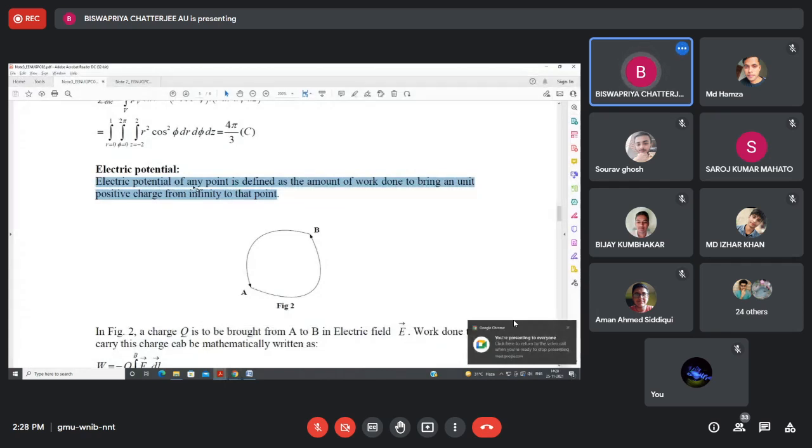Electric potential of any point is defined as the amount of work done to bring a unit positive charge from infinity to that point. So you need to bring a unit positive charge from infinity to that point, and in doing so the amount of work done will be treated as your electric potential.